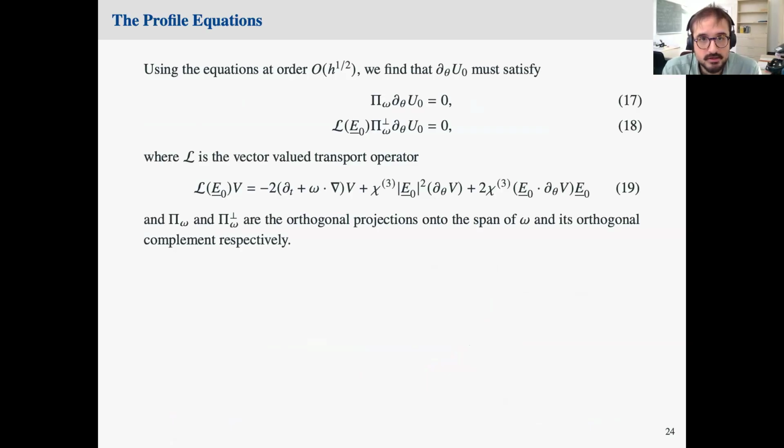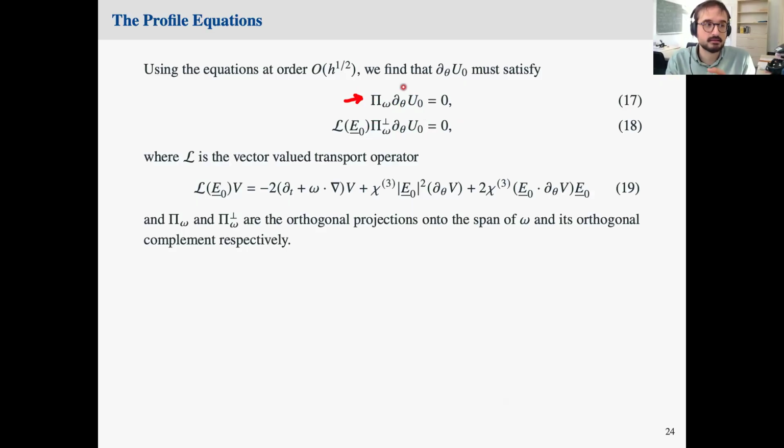And so then, using the next level of equations, you find that the projection in the direction of the propagation has to be 0 for the first amplitude.